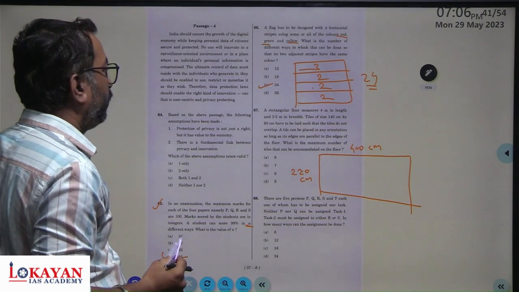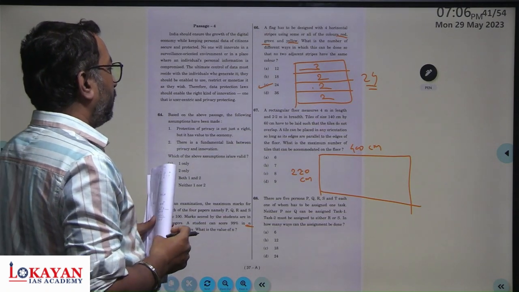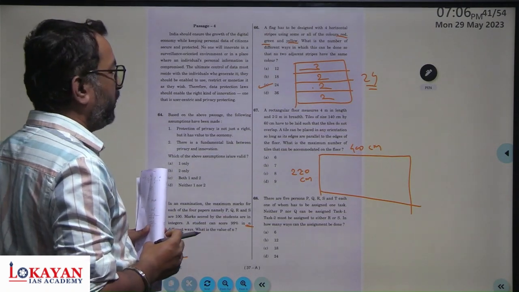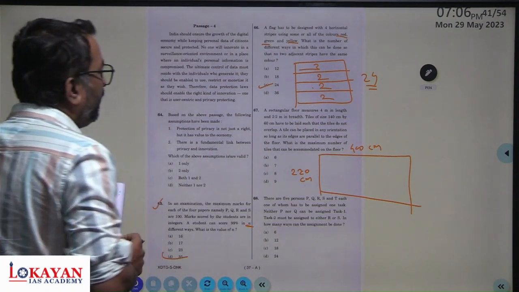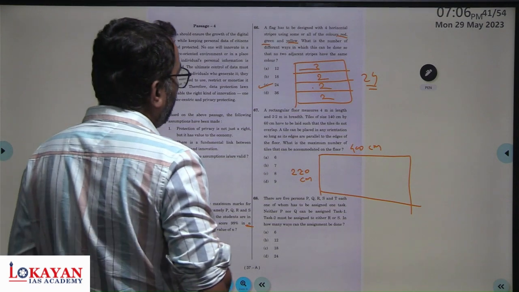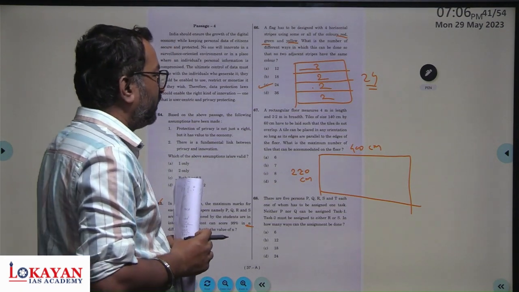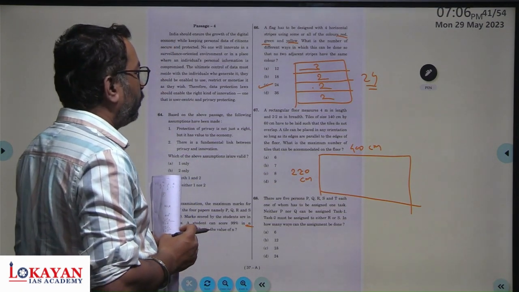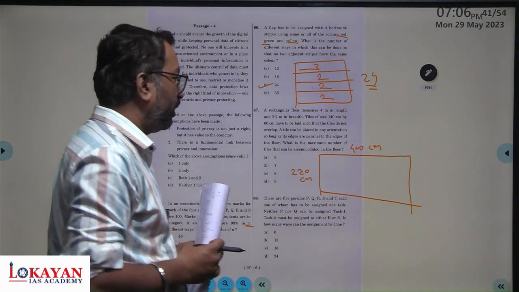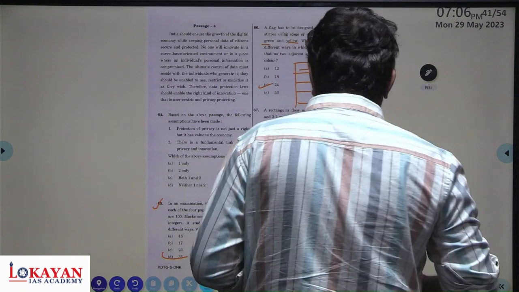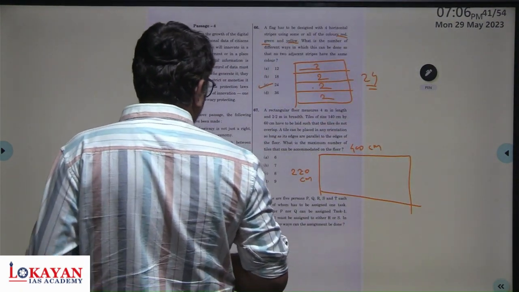Tiles of size 140 centimeter by 60 centimeter have to be laid such that the tiles do not overlap. A tile can be placed in any orientation so long as its edges are parallel to the edges of the floor. What is the maximum number of tiles that can be accommodated on the floor?